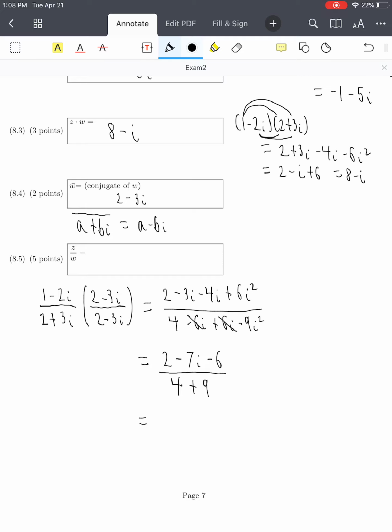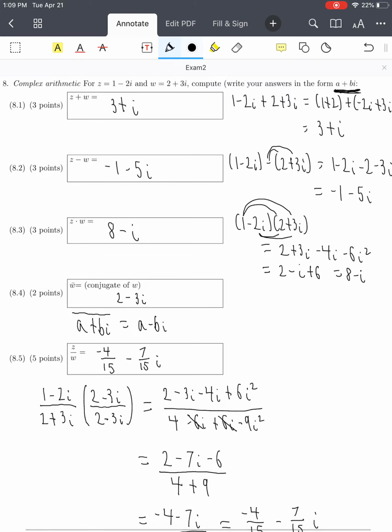So this gives us negative 4 minus 7i over 13. So we can leave it like this. We could also write it as negative 4 over 13 minus 7 over 13 i. That way it's in the form of a plus bi. And then just write that in a little box here. Negative 4/13 minus 7/13 i. Alright, and that is exam 2.